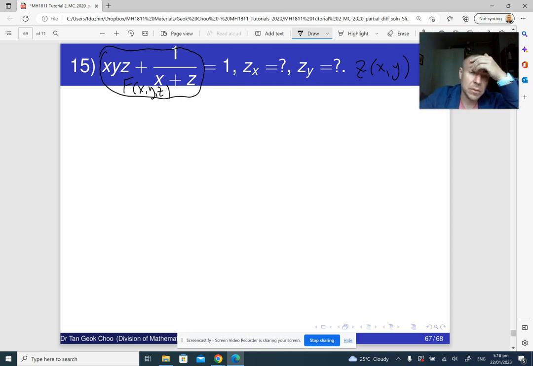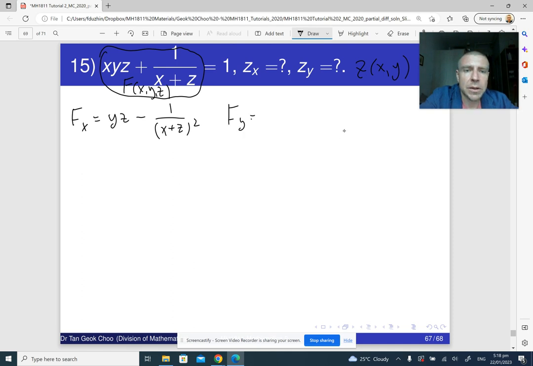Now, in order to find partial derivatives of z with respect to x and y, we've got to differentiate the left-hand side of our original equation with respect to all the three variables, x, y, and z. And so we've got to find partial derivative of f with respect to x. Differentiating with respect to x, y and z are constants, so we just get yz, plus, we have a fraction here, so it's going to be minus 1 over x plus z squared.